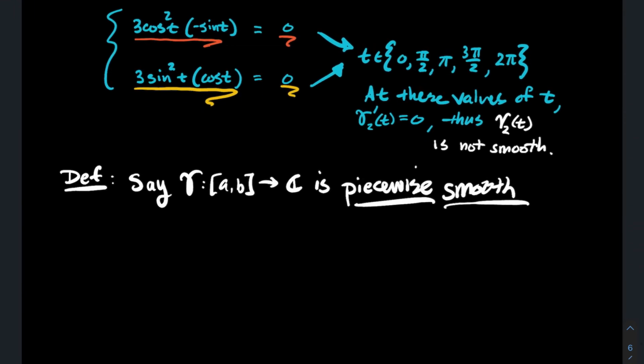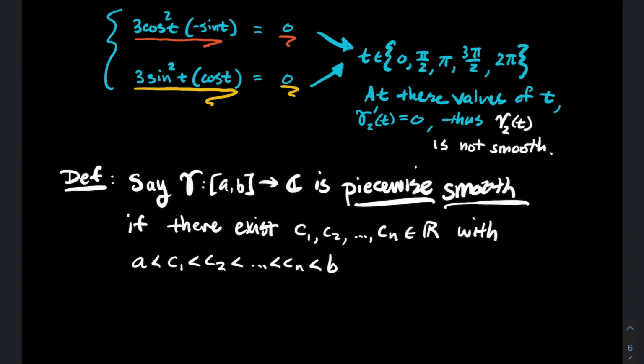So we're going to loosen this requirement of being smooth. We could say that a curve gamma from [A, B] to the complex numbers is piecewise smooth if there exist real numbers C1 through Cn such that A is less than C1, all the way up to less than B. So it looks like the definition of a partition so far, if you're familiar with that from when we're thinking about integrating.